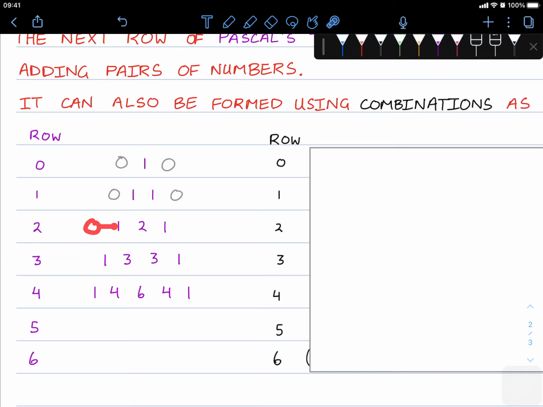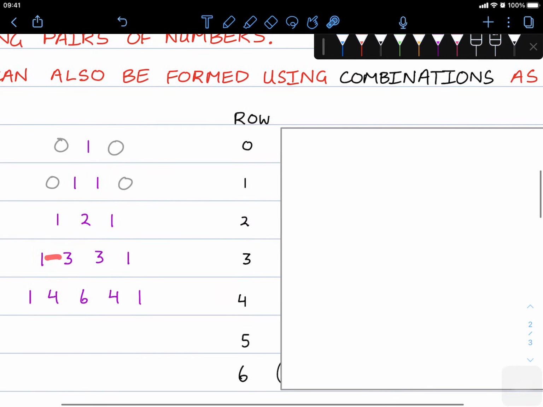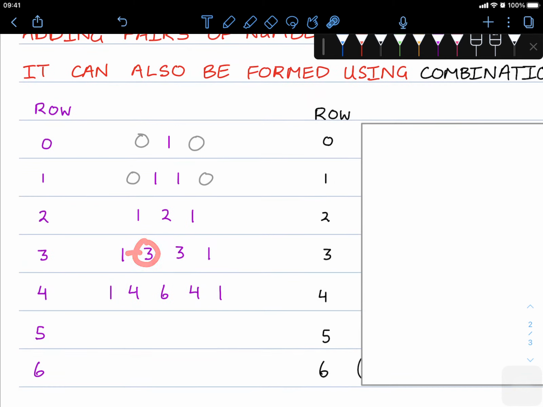So 0 plus 1 gives me 1. Hence why the outsides are always just going to become 1. So 1, 1, 1, 1, 1, 1. But the next number, so this 3, was formed by adding the above pair of numbers.